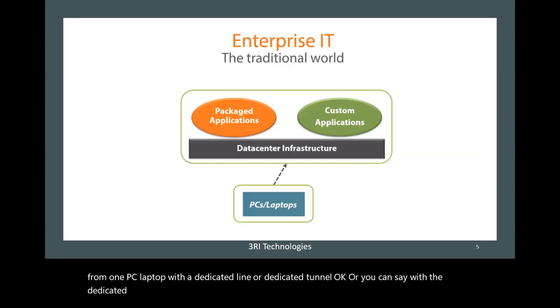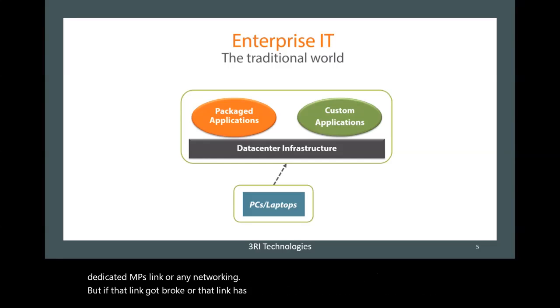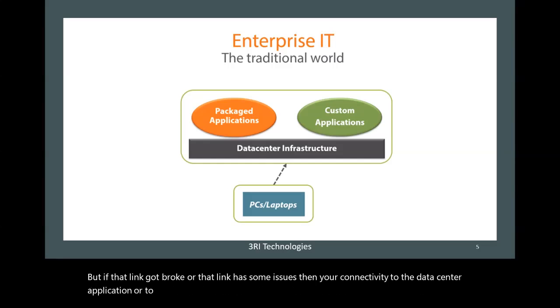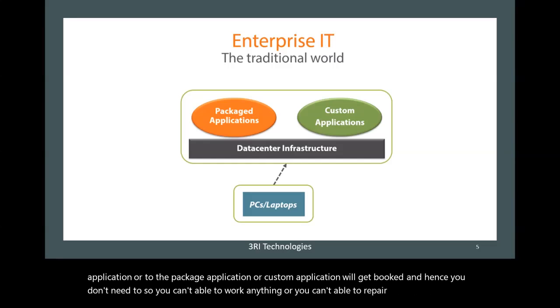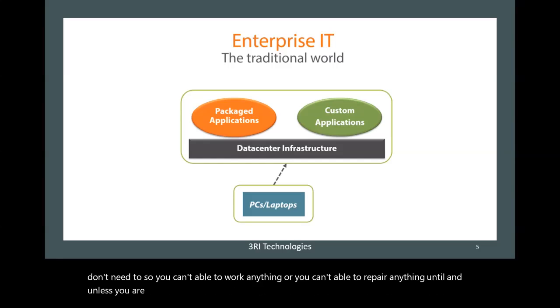But if that link breaks or has some issues, then your connectivity to the package or custom applications is lost, and you can't work or repair anything until you re-establish connectivity to the data center itself. That is our enterprise architecture in the traditional world, which is old now.